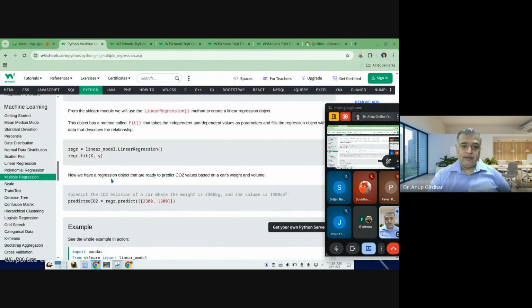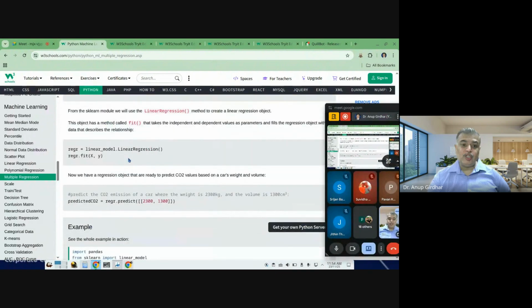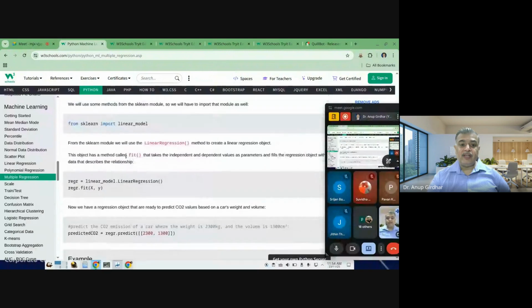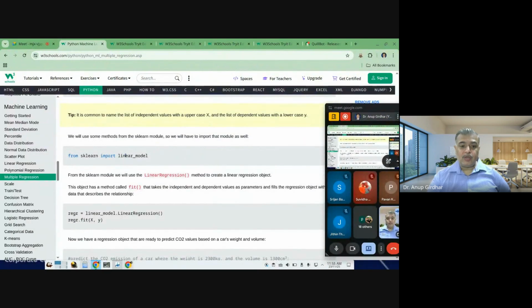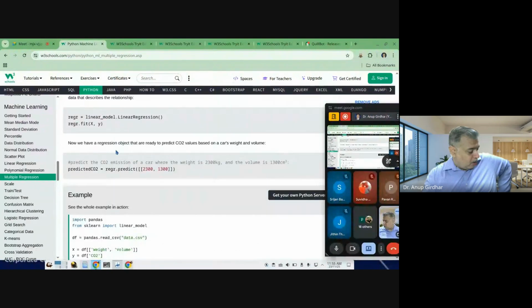Now we have a regression object, regr, and that is ready to predict the CO2. If I give you a weight and volume, what would be the expected CO2? Can we predict based on the existing data set? This is how we are supposed to perform.